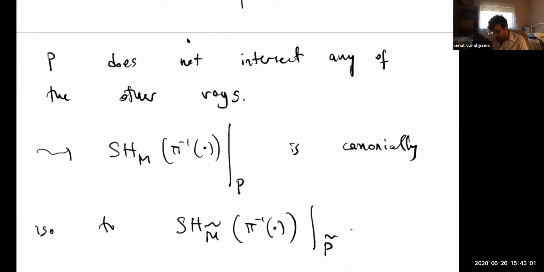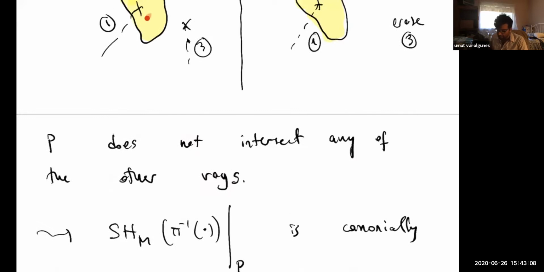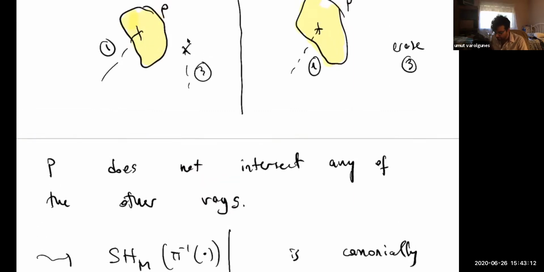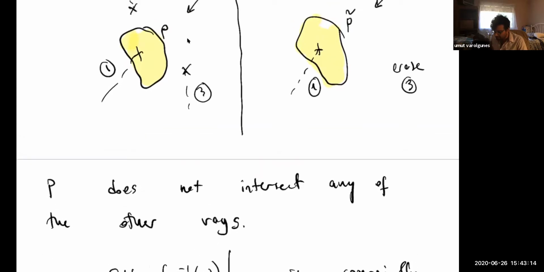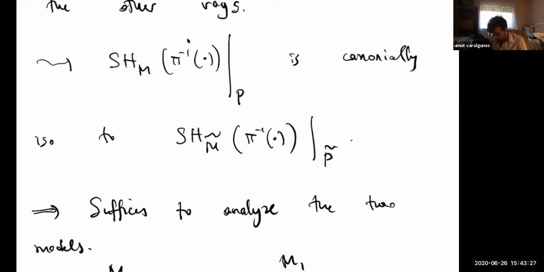And then the locality theorem says that in this case, the whole SH_M sheaf for compact subsets that lie inside this P that I fixed should be the same as the sheaf that I get here. So not just that, there's an isomorphism of sheaves compatible with the restriction maps.